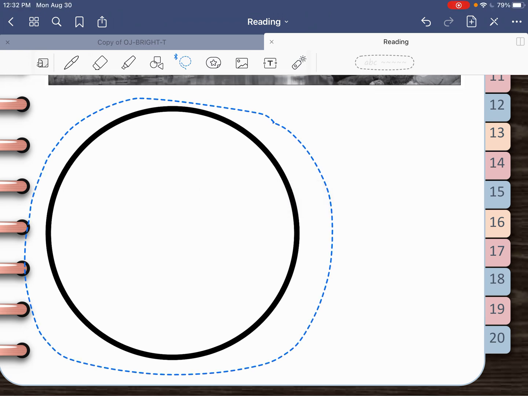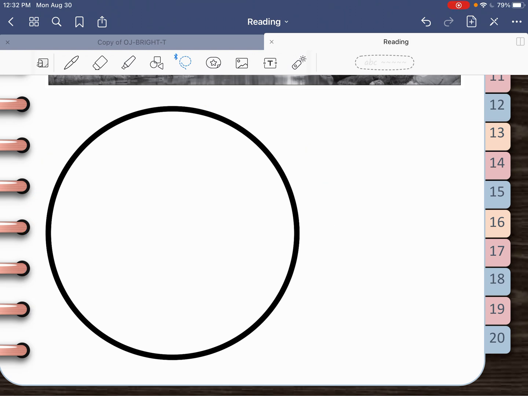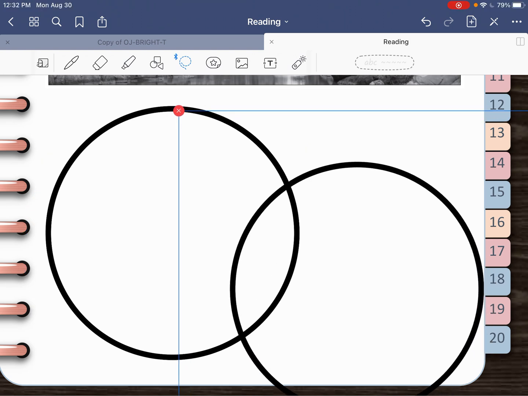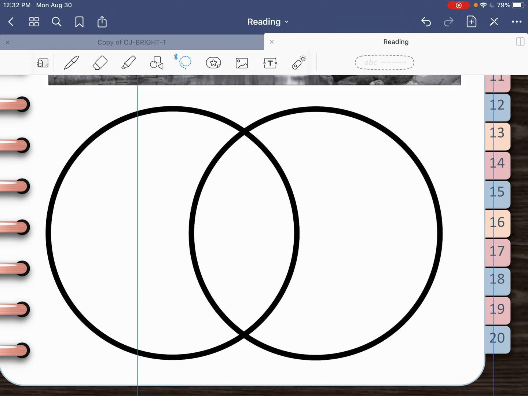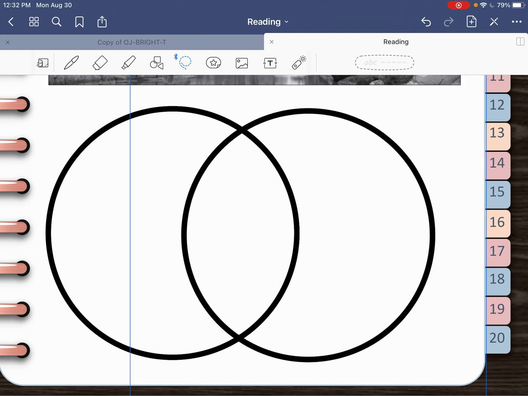Then I'm going to make another one just like it, but I want you to overlap them so it looks like this. This is called a Venn diagram. V-E-N-N, a Venn diagram.